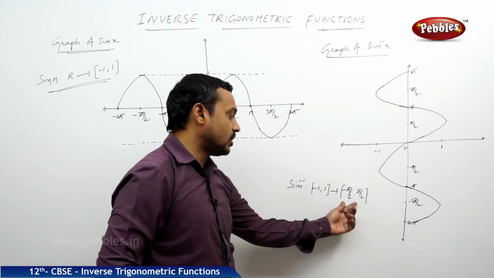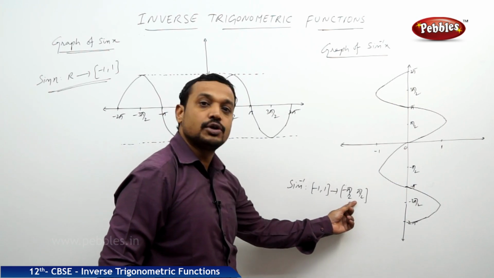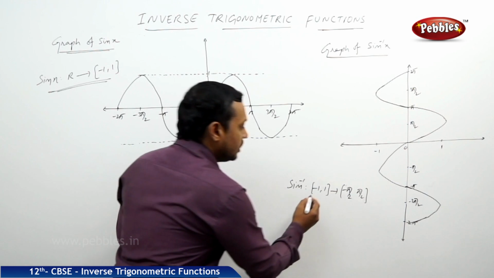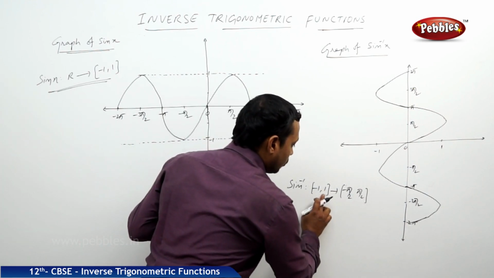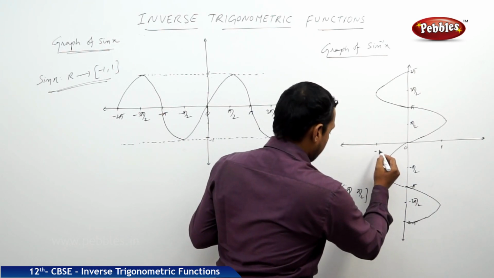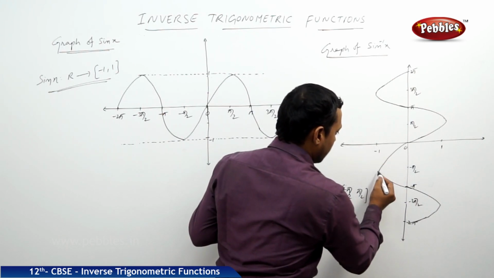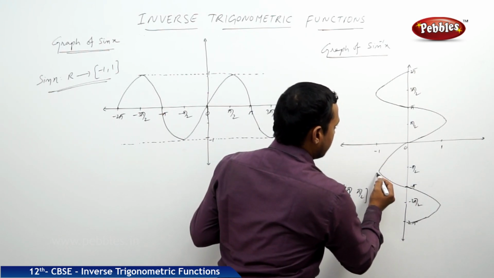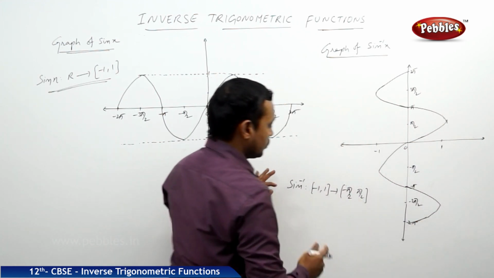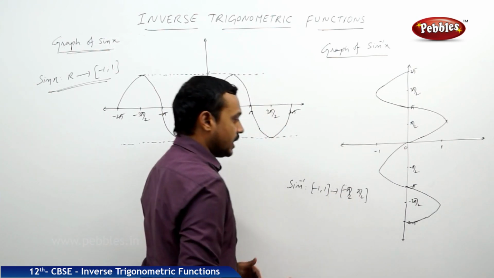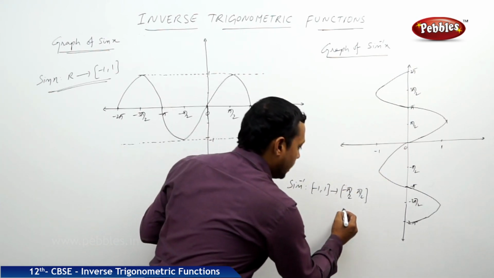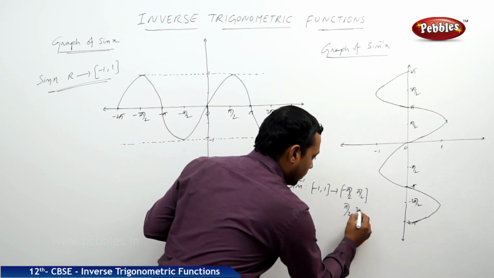So that restricted domain, minus pi by 2 to pi by 2, is known as the principal domain. Now in this interval, minus 1 to 1, the graph is like this. At x equal to minus 1, the value is minus pi by 2. At x equal to plus 1, the value is pi by 2. Suppose the domain is restricted to minus pi by 2, pi by 2. Further, the domain considered as pi by 2 to 3 pi by 2.